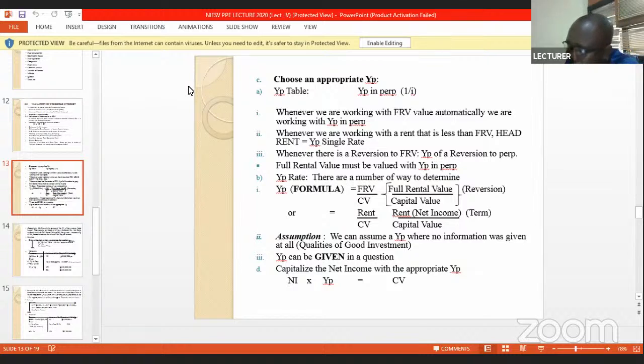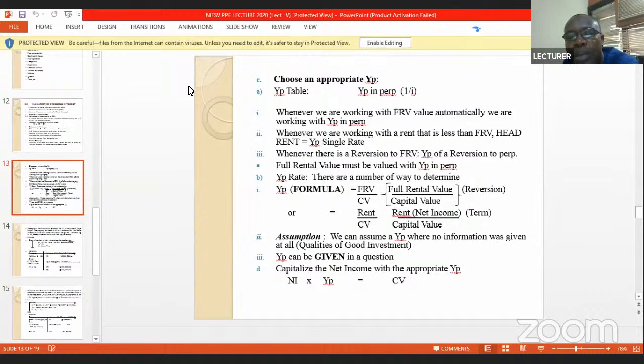And a similar property in the neighborhood was recently sold for 7 million naira.